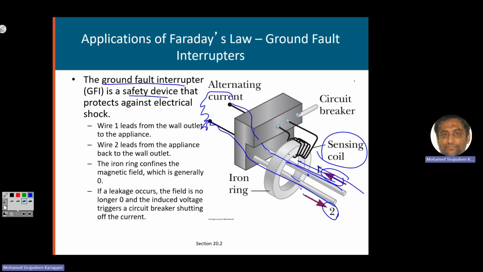But if there is a leak in the apparatus, that means the current that goes in will be different from the current that comes out. So the magnetic fluxes are not going to cancel each other. Suddenly from zero flux, you will have a changed flux through the sensing coil.